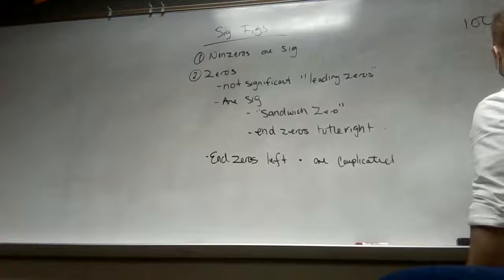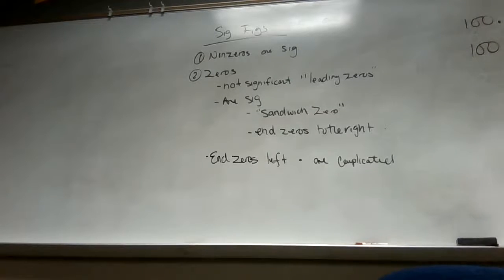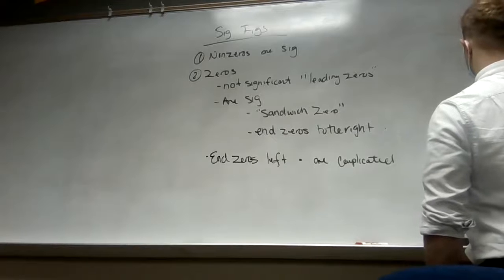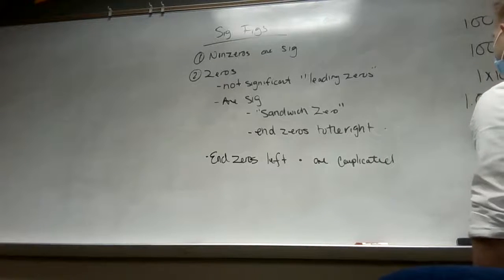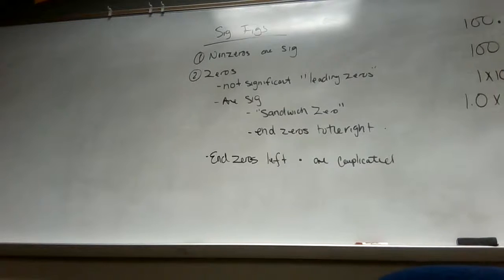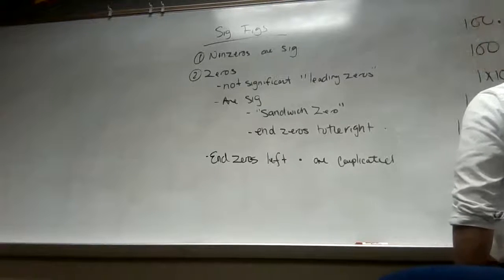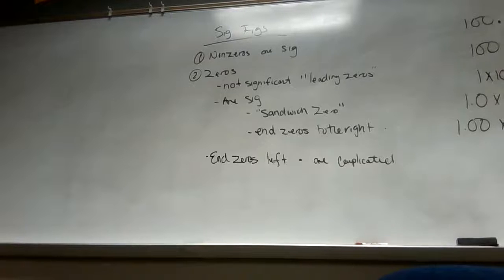But if we just have 100, that would have 1 significant figure. But we can also write 100 a few different ways. We can write this as 1 times 10 to the second. That's 100. How many sig figs does that have? 1. What if I wrote this as 1.0 times 10 to the second? That's still 100. But now we're going to have 2 significant figures because we're going to treat this as 0 to the right of the decimal. And likewise, we could have 1.00 times 10 to the second. That would have 3 significant figures. We can keep adding zeros and it's still going to increase the number of significant figures.